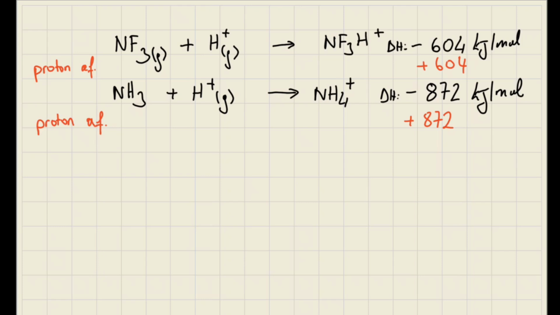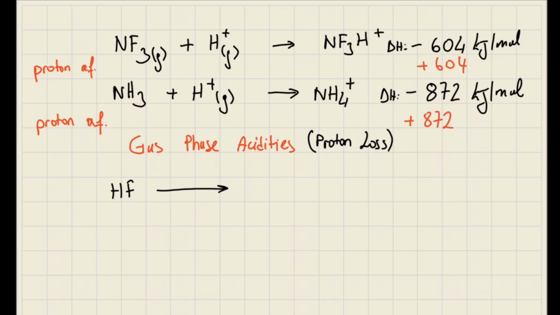We can look at the gas phase acidities, and in this case we should look at the proton loss. For instance, we have HF, which is a weak acid, and it ionizes, gives a proton, and causes the formation of fluoride ion in the gas phase. These reactions are endothermic, and the delta H of this reaction is 1554 kJ per mole.